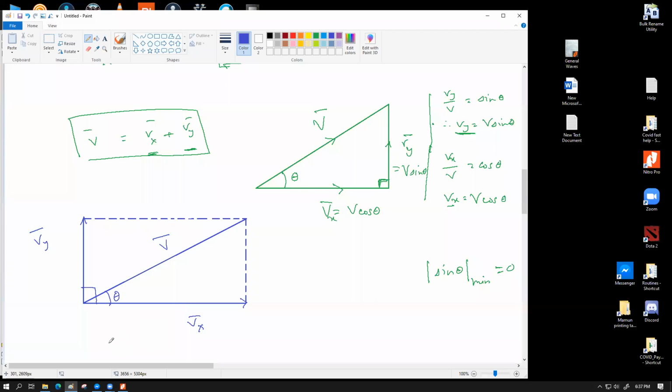For this figure as well, resultant vector equals to vx plus vy.